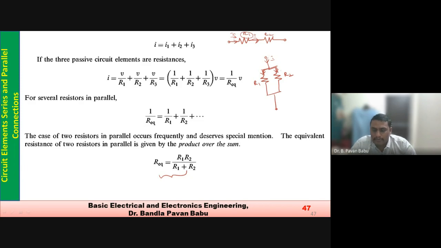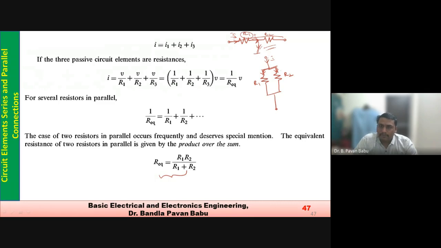So the input current of one element is equal to the output current of the other element, flowing in the same direction. There is no tap or any kind of connection here, so the current is not going to split. That is the difference between series connection and parallel connection, which I'm explaining in the easiest way for remembrance.